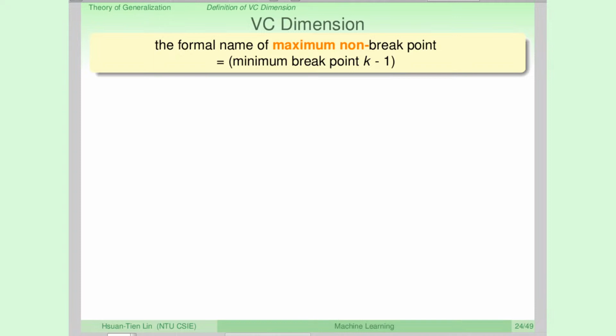The formal definition is the maximum non-breakpoint. By non-breakpoint, I mean there must be some combination of the input vectors that allow shattering. And if you recall, shattering means producing all the possible dichotomies on that set of inputs.